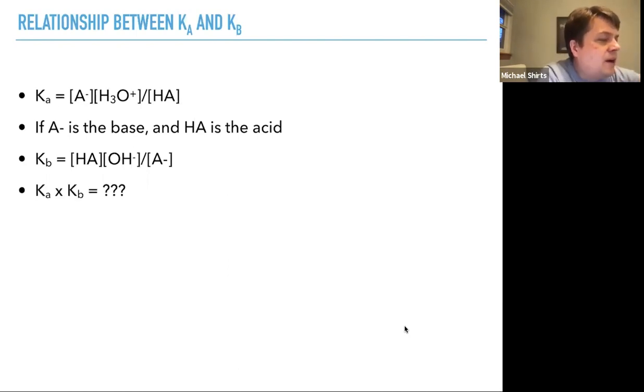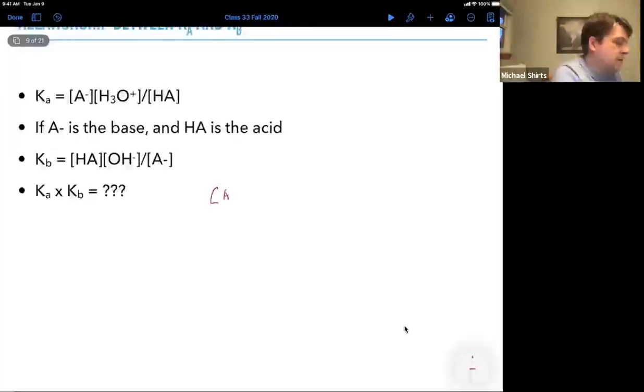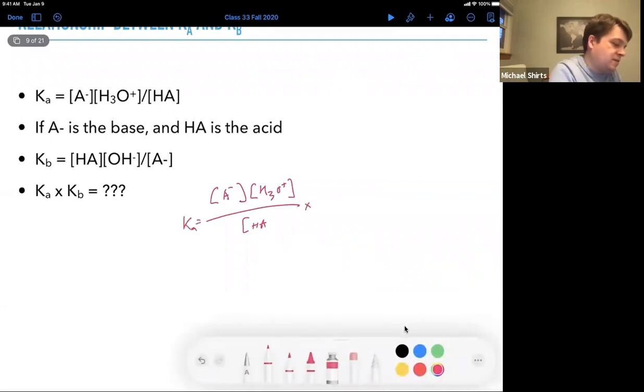Well, it ends up that there's a relatively simple relationship here. Let's look at this. Our Ka, we write as A minus times H3O plus over HA. Let's write this more explicitly.